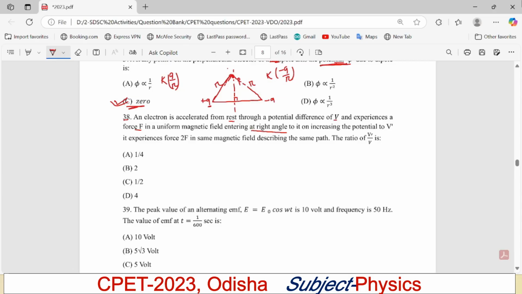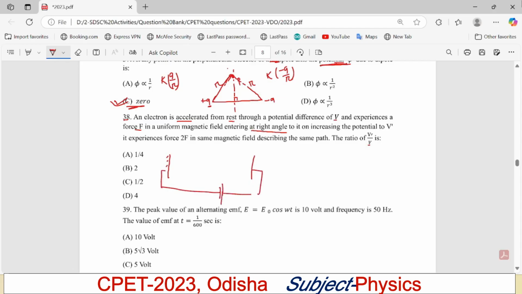Then what will be the ratio of V dash by V? So as per the question, the electron is accelerated from rest through a potential difference V. Suppose this is your potential difference.